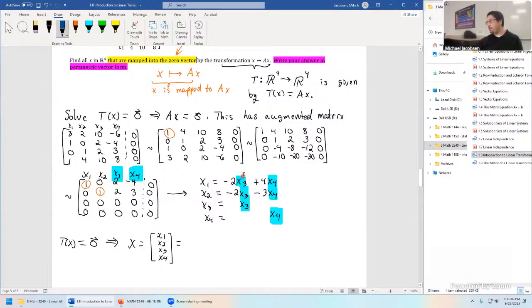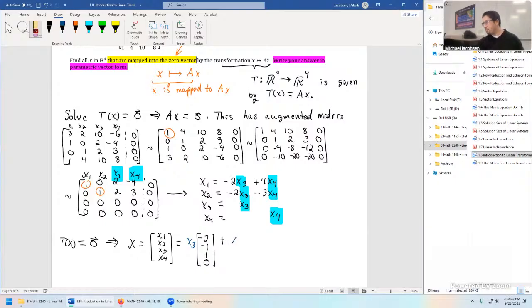The scalars are the free variables. We'll put in x3 here. It multiplies the constant vector. And the coefficients go negative 2, then 1 in this position, and 0. Then go plus x4.